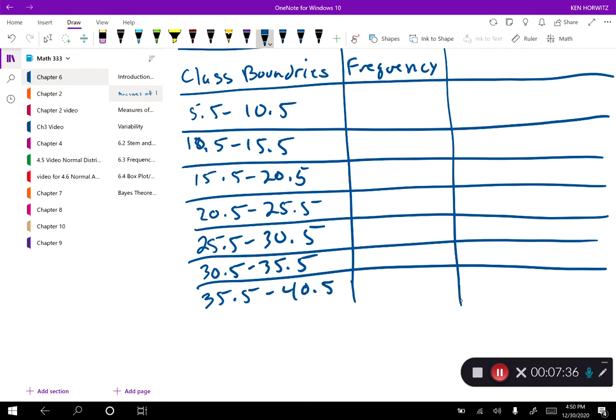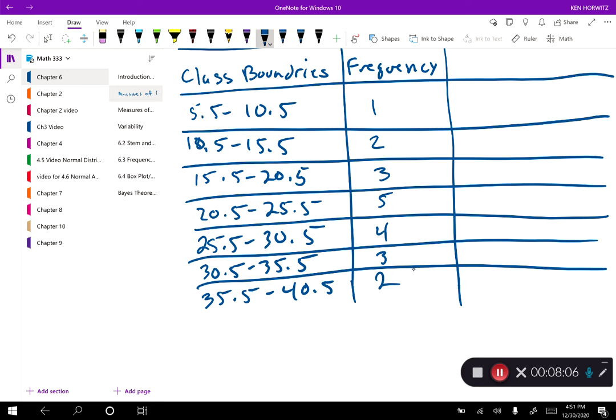The reason we use a frequency distribution is we could say 1 value falls in that class boundary, 2 fall in this one, 3 in this one, 5 in that one, 4, 3, and 2. What you'll notice is that we have like 20 values here, but we don't necessarily have to list all 20 values. We just know that they are in those boundaries.